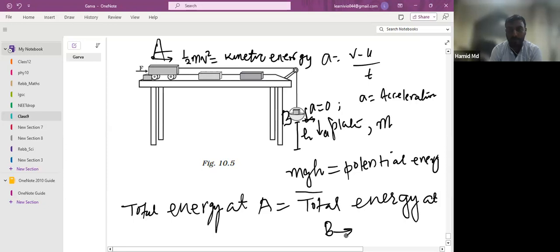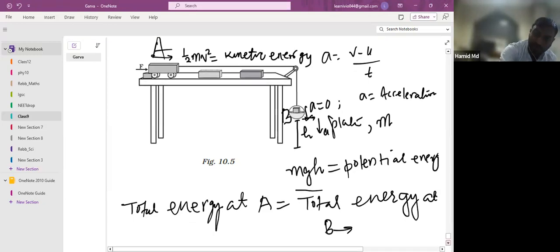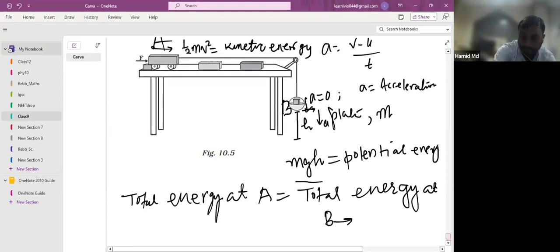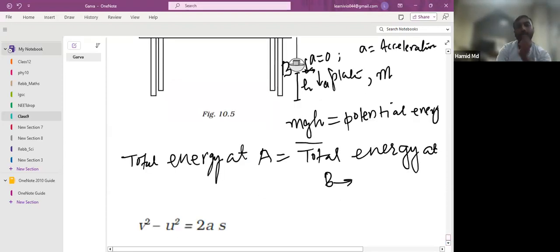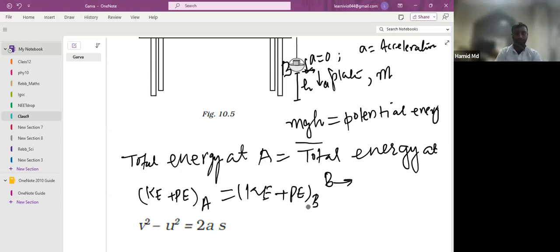Okay. So total energy at A will be kinetic plus potential energy. Total energy, kinetic energy plus potential energy at A, is equal to kinetic energy plus potential energy at B. Clear?